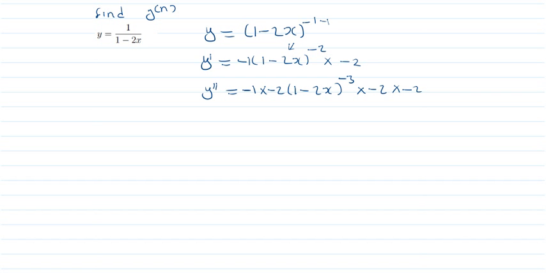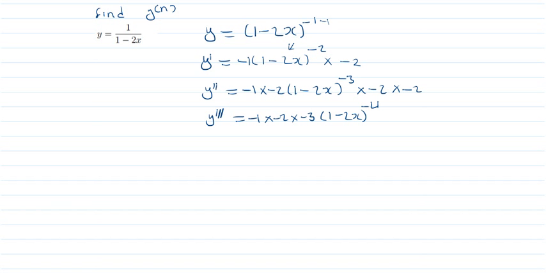So in this case, we find our third derivative, which is going to be this negative 3, the power, multiplied by everything here. So when you multiply, you are going to get negative 1 multiplied by negative 2 multiplied by negative 3. Then 1 minus 2x to the power negative, since it's 3 here, we subtract 1, you get negative 4.